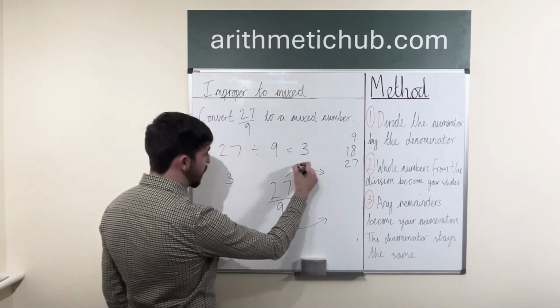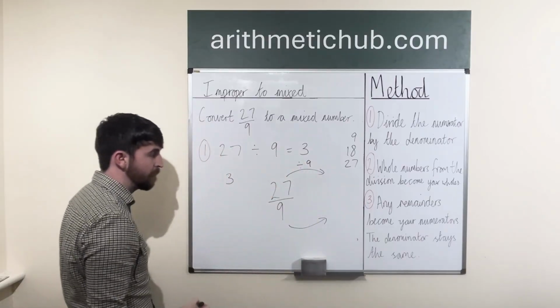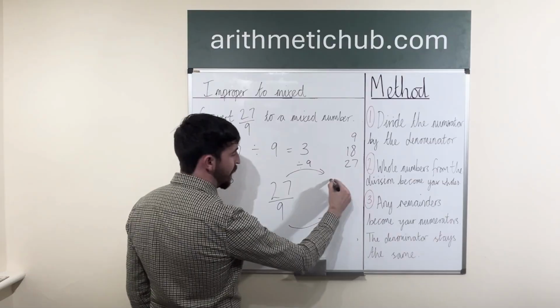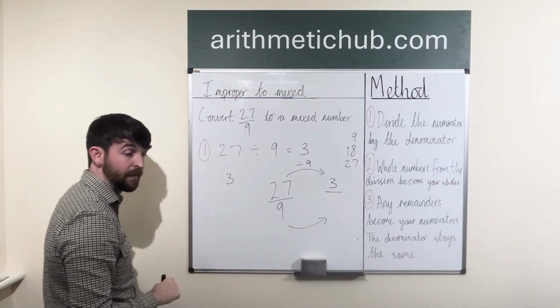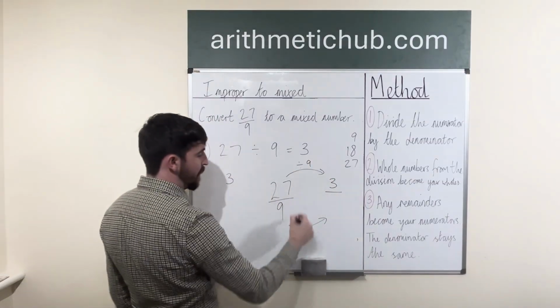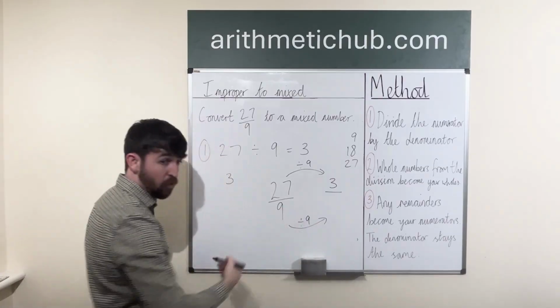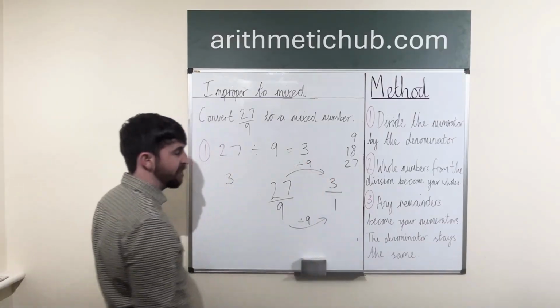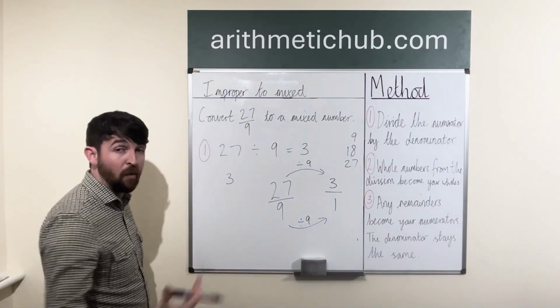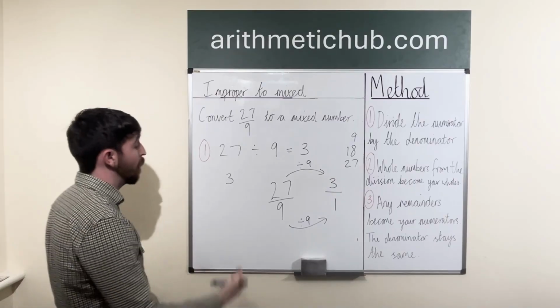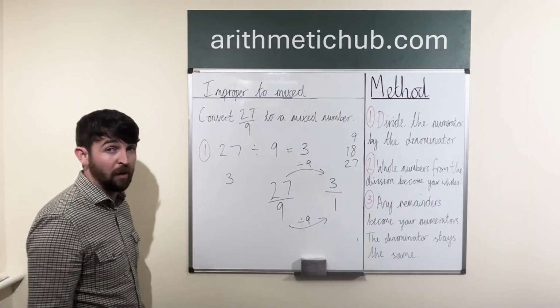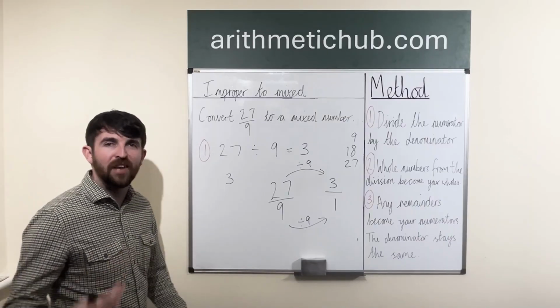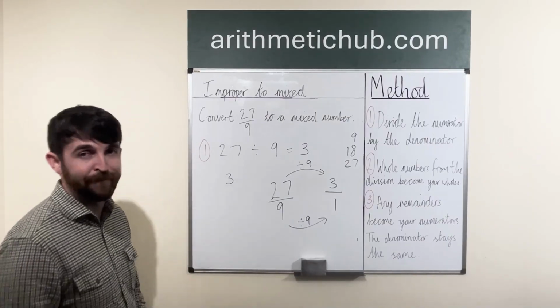So what I can do is divide it by 9. 27 divided by 9 is going to give me 3. I've divided the top by 9. I know that 9 is also in my 9 times tables, so now I can do 9 divided by 9, which is going to give me 1. 3 over 1 is the same as 3, or 3 wholes. So our answer would just be 3 wholes. It's not a mixed number, but sometimes that happens with these types of questions.